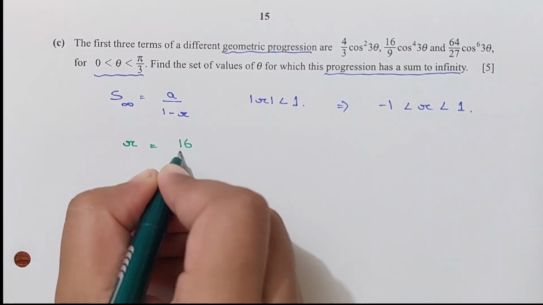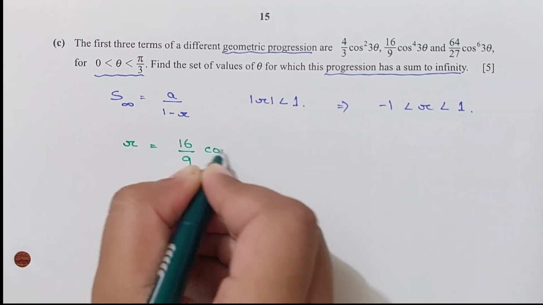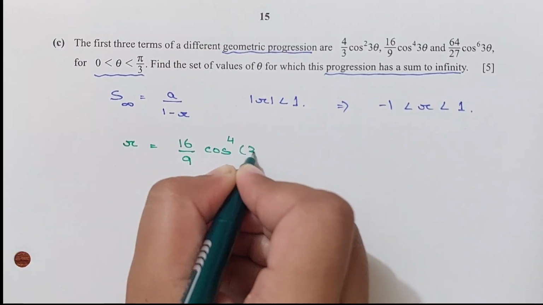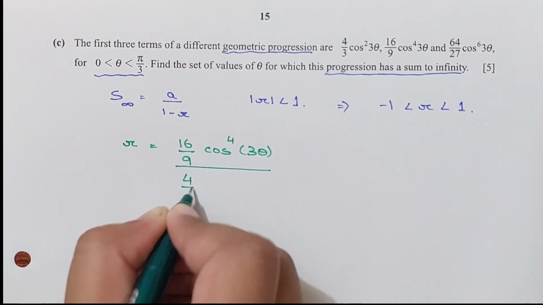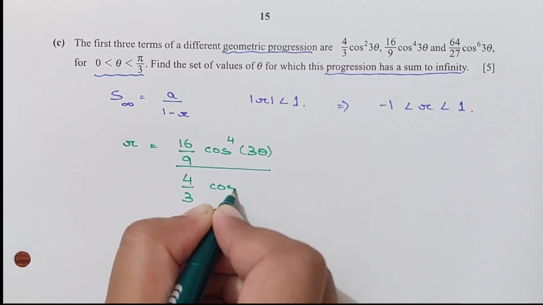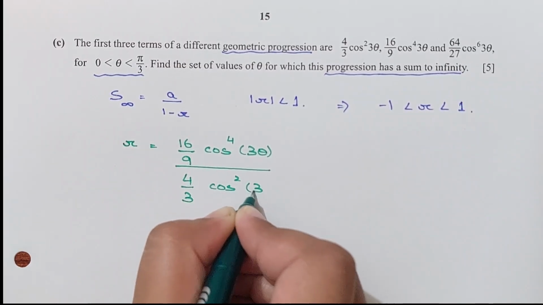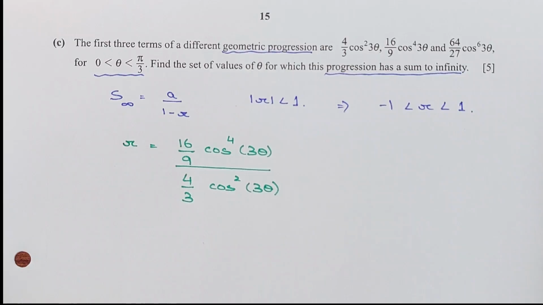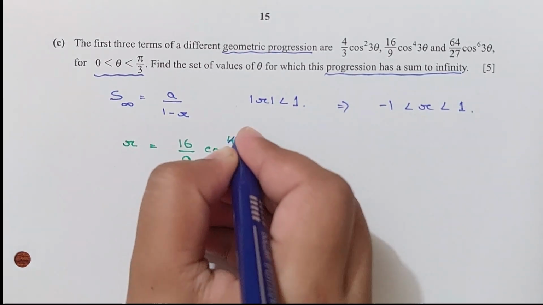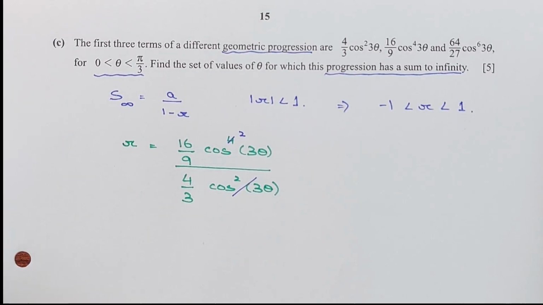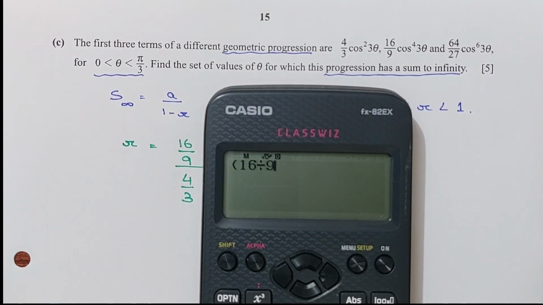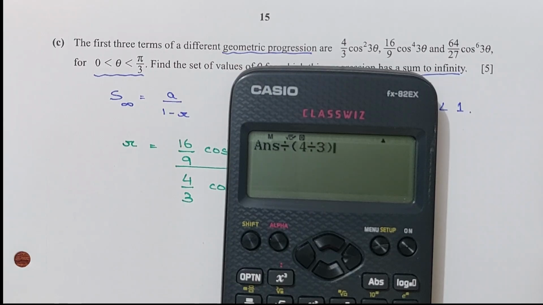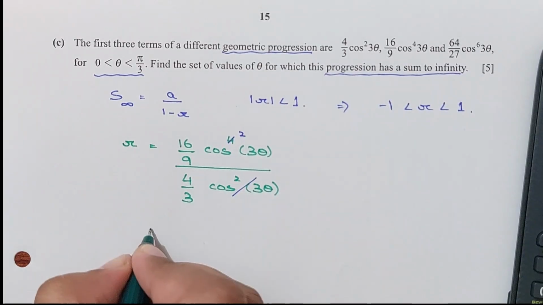The second term is 16 over 9 cos^4 3 theta, over the first term, which is 4 by 3 cos^2 3 theta, right? So this cos^2 cancels with cos^2, and we are just left with cos^2, and we have 16 by 9 divided by 4 by 3. 4 by 3 is the answer.